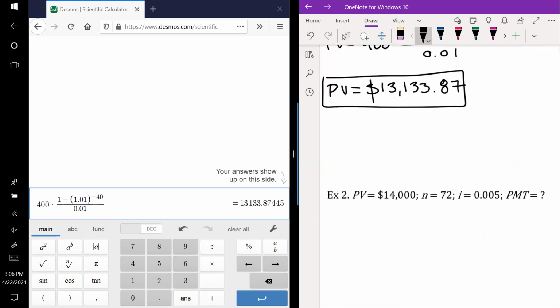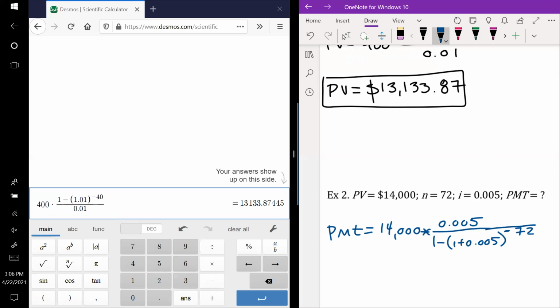So we'll get payment is equal to present value, which is 14,000 times I, which is 0.005 over 1 minus 1 plus I, 0.005, raised to the negative 72.